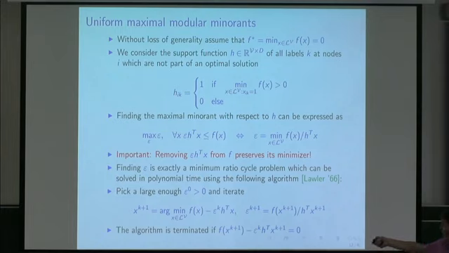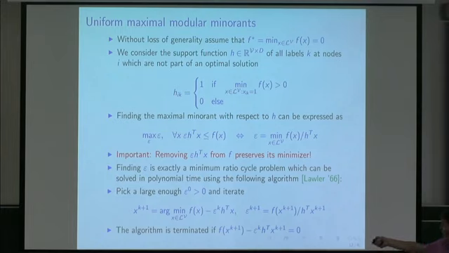Once we have done this, it doesn't mean we are finished. When we remove epsilon 1 times h1 from our original function, the minimum stays the same, but it doesn't mean that we cannot still remove something more. So we can repeat the whole procedure, again identify the support function of nodes which are not part of the optimal solution, and do this again.